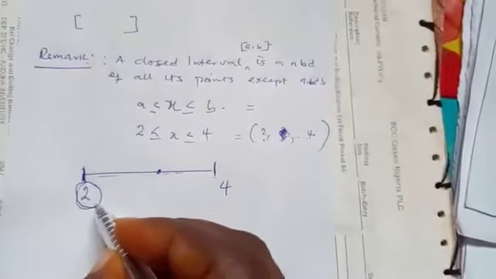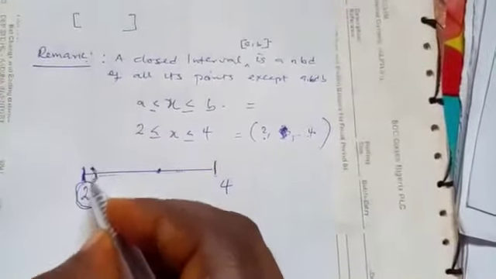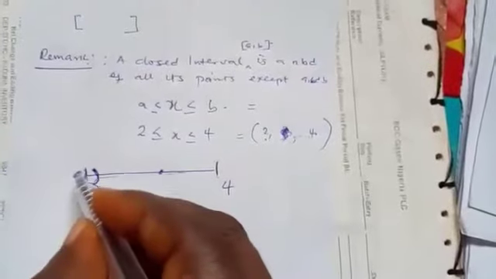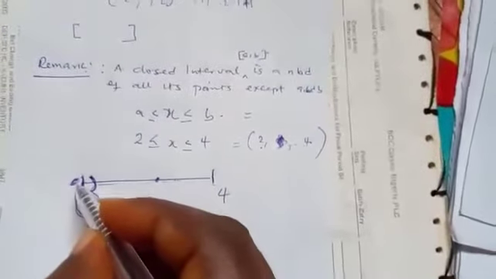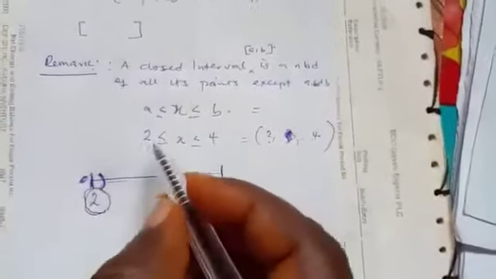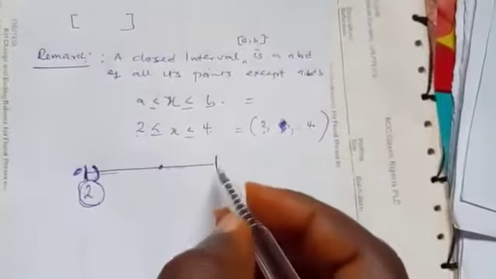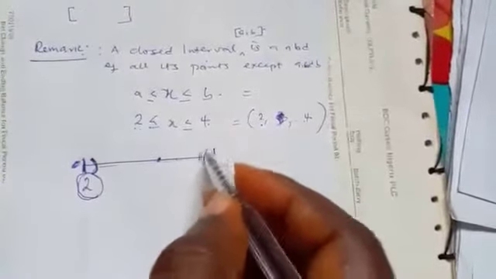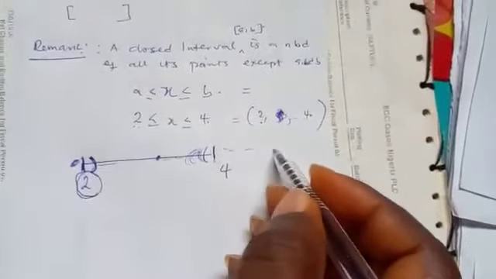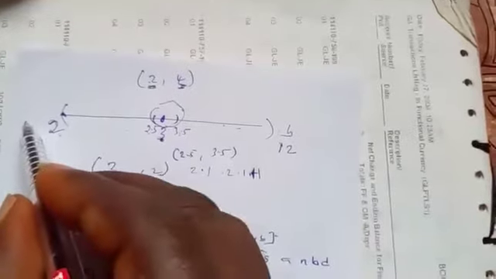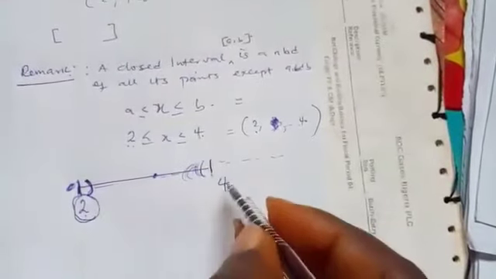If I pick 2 in the closed interval, I can only get numbers on this side. I can't get a number on the other side, because there's no more number again, since this one starts from 2 and ends in 4. Unlike the open one, where 2 is not there, so whatever I pick, I don't even know where it ends.